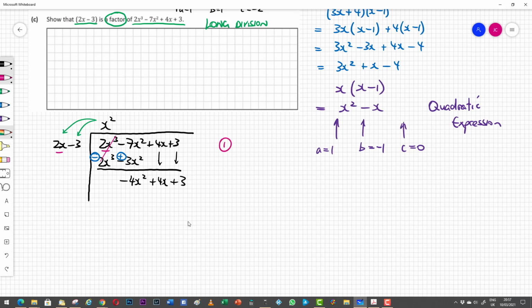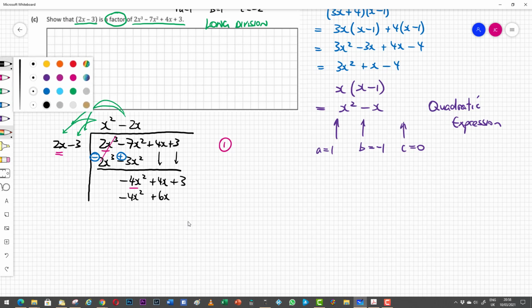So then I'm going to divide 2x into minus 4x squared. And 2x, if I divide that into minus 4x squared, goes minus 2x times, and I put that on top. I'm going to now multiply minus 2x by 2x to give me minus 4x squared. And I'm going to multiply minus 2x by minus 3 to give me plus 6x.